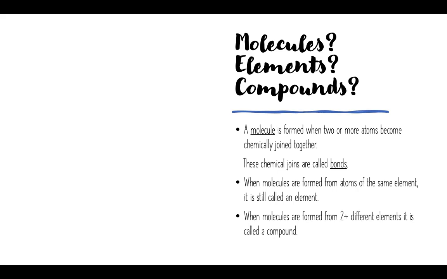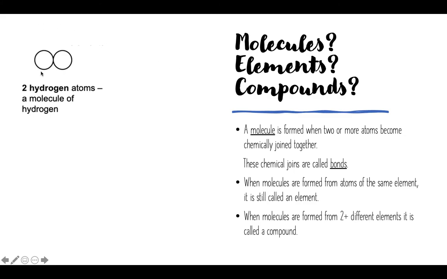A molecule is formed when two or more atoms become chemically joined. And we already know that saying something is chemically joined is the same as saying it is bonded together. We can have molecules formed from the same element. For example, here we have two hydrogen atoms that have come together. It's a molecule of hydrogen, because from our definition, a molecule is formed when two or more atoms become chemically joined together.